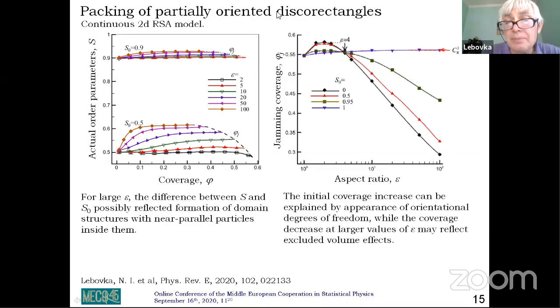And here I represent for two-dimensional systems the similar dependencies of the jamming coverage versus aspect ratio. You see that in dependence upon the order parameter, we also observed some very interesting behavior. For fully oriented particles, we have only an increase, but for partially oriented particles, we always observe a maximum.